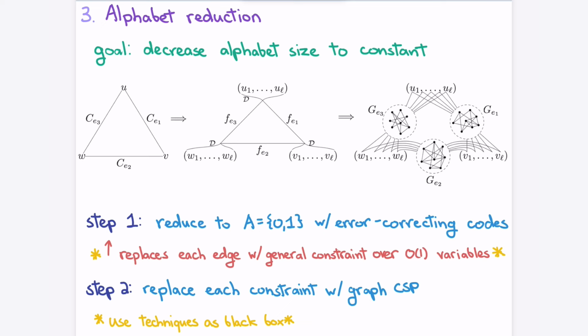What we're going to be able to do in the first step, which is the first arrow, is take each constraint which has many letters and use some kind of code to replace every edge with an alphabet of size 2, except the constraint's going to be over a constant number of variables. So instead of having an edge with 2 endpoints, it's going to be like a hyperedge with many endpoints. The second step is going to replace each of these hyperedges with graphs, and that's completely black boxed.